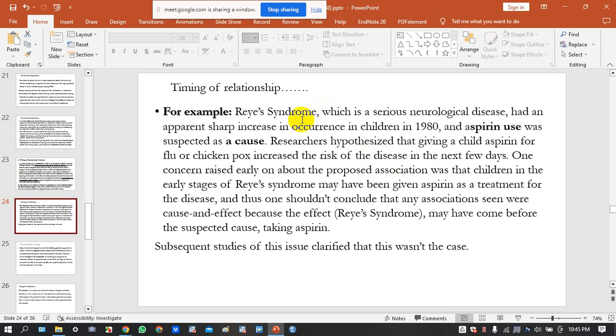In the timing of relationship, aspirin is supposed to be taken before Reye's syndrome can occur in a child. But we don't know whether the Reye's syndrome came first, whether the person developed the Reye's syndrome before taking the aspirin. We don't know. So we just test for relationship, and that is the most important. We cannot say that aspirin causes Reye's syndrome. No. It can be that you develop the Reye's syndrome before you took in the aspirin.